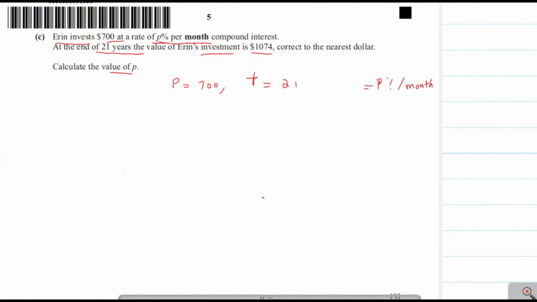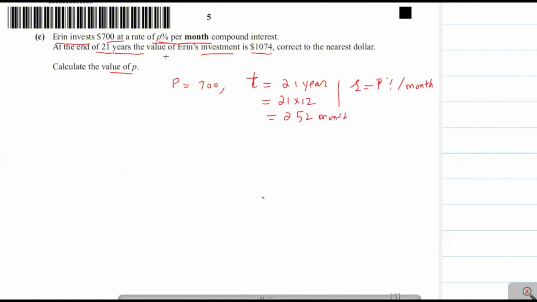Therefore, we will take the time in months: 21 into 12, this will be equal to 252 months.